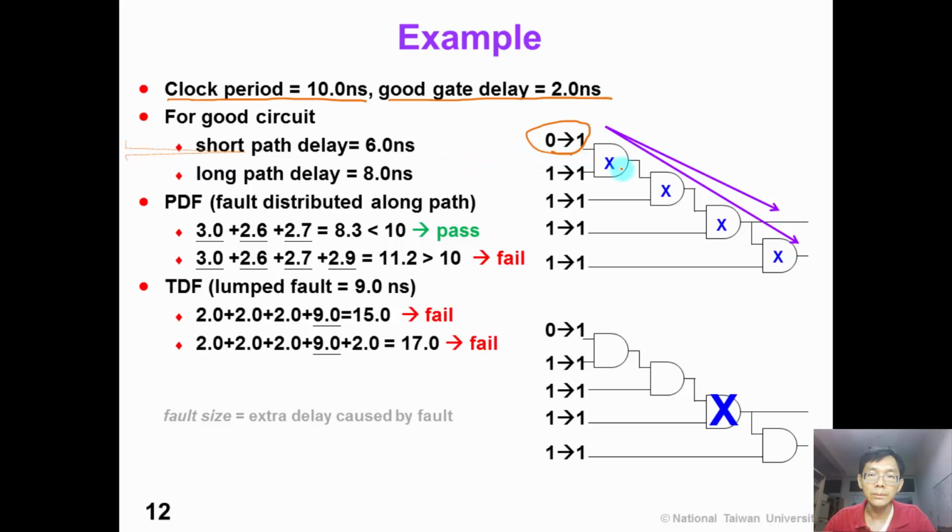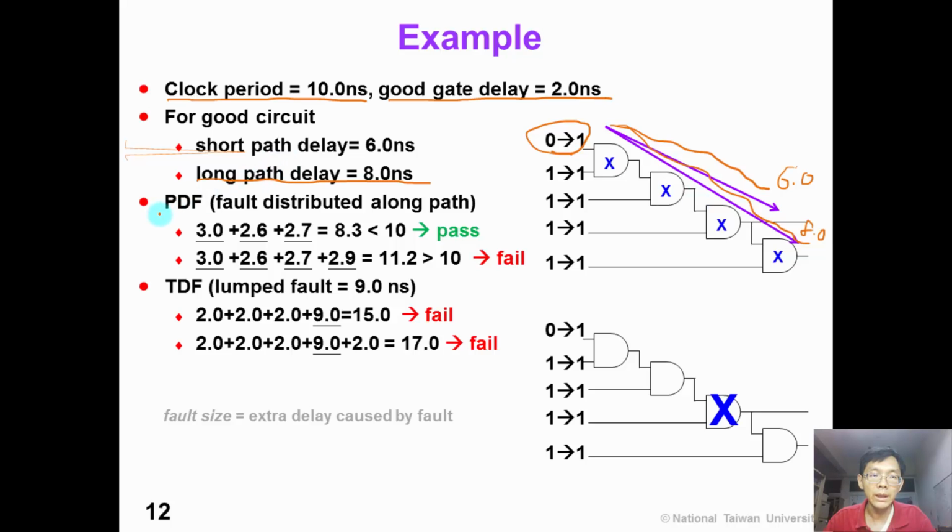For a good circuit, along the short path, we have 3 gates, so the short path delay is 6.0 nanoseconds. On the long path, we have 4 gates, so the long path delay is 8.0 nanoseconds.